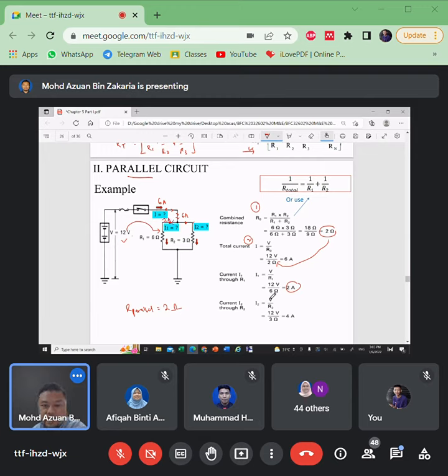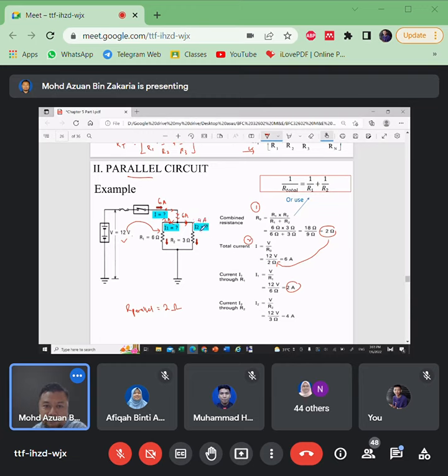And then current at R2 is V over R2, 12 volts divided by 3 ohm, so we get 4 ampere to the right.